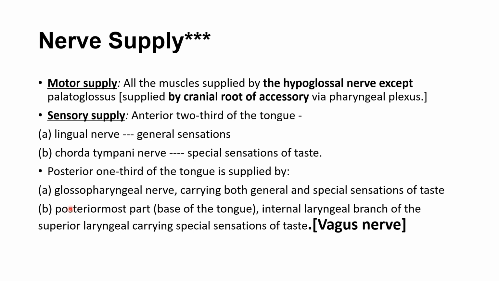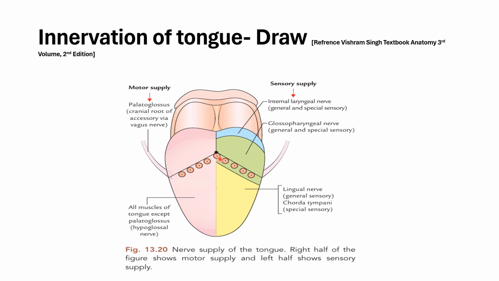And in the posterior most part, which is called the base of the tongue, the internal laryngeal branch of the superior laryngeal nerve will be carrying the taste sensation. This is a branch from the vagus nerve. Now in this picture we can see on this side the motor supply, and on my right hand side the sensory supply. The part in front of this is the sulcus terminalis.